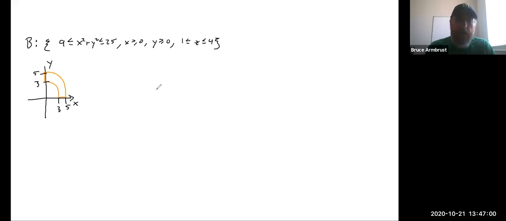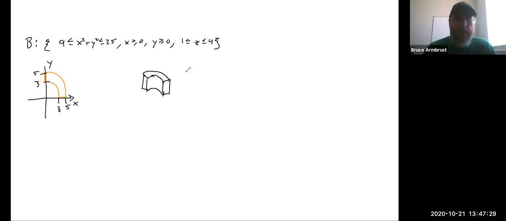So if we were to look at this from the side, let's see if I can do this justice. Oh, that's not too shabby. Okay, so here's that quarter circle, and then we've extended it up from 1 to 4.